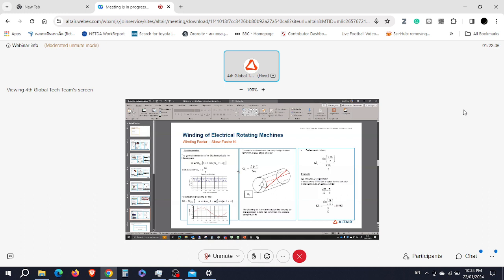But unfortunately, we are also going to reduce the mean value of the torque. Why? Because we are going to reduce the MMF created in the stator. And this skew factor is computed using the number of poles multiplied by P divided by the number of slots.